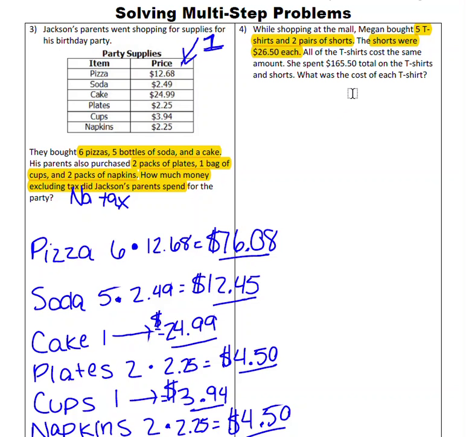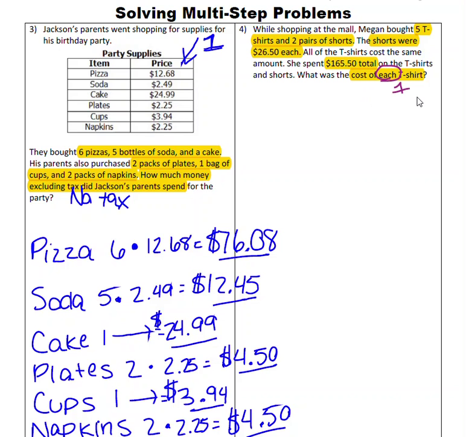And then it says all the shirts cost the same. She spent this much total on shirts and shorts. And then the final question is, what is the cost of each t-shirt? So she doesn't want to know all of the t-shirts because it says each. She wants to know the cost of one t-shirt. But we have a lot of things to do before we can even get there.